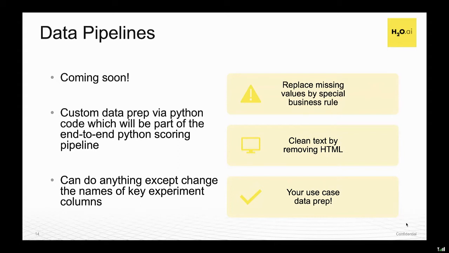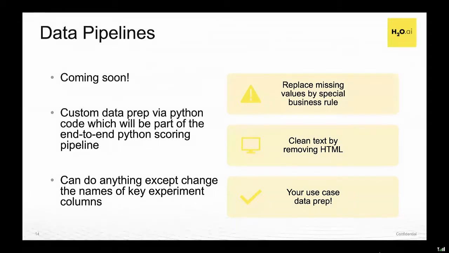Driverless AI does handle missing values automatically. This is not something you would need to do, but again, the idea here is customization of what makes the most sense for your business. So maybe for your business in a certain column, you know that missing means that there were no sales or something like that. You could have a rule that forces all missing values to be replaced by a special number.